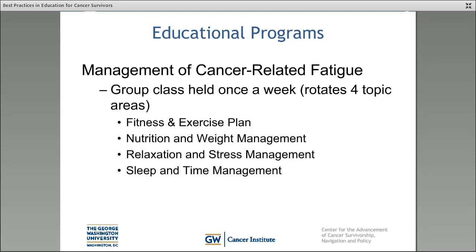We are currently piloting this, and so we have really tailored it to focus on 4 different topic areas, specifically focused on how to work with that fatigue as a main issue.